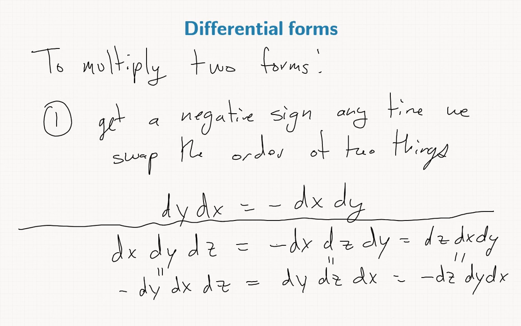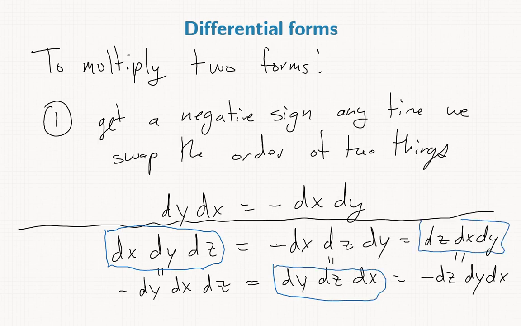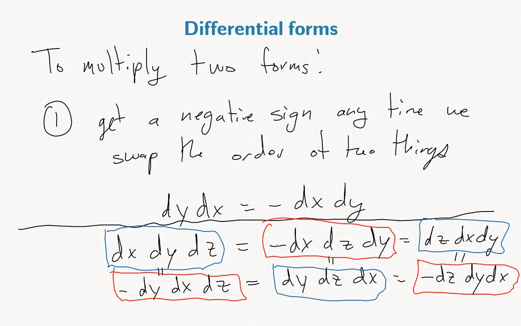So of these 6 orders, there's actually only 2 different possibilities. So 3 of them will be equal to each other, and the other 3 will be equal but with the opposite sign. Okay, so this might seem strange given what we've said about how you can integrate in either order, so I'll explain that in a second.